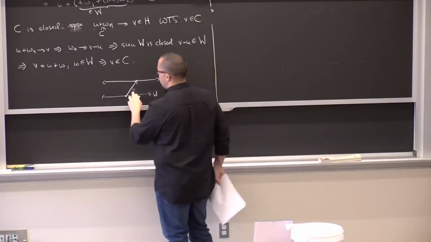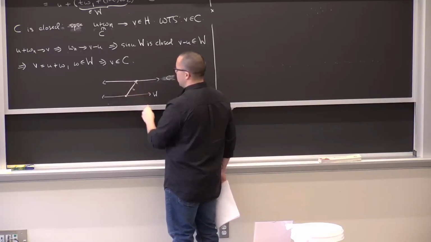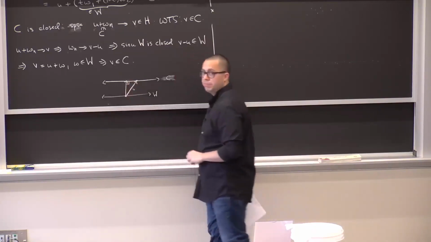We would like to break up U into an element which is parallel to W and something that's perpendicular to W, right? Okay?